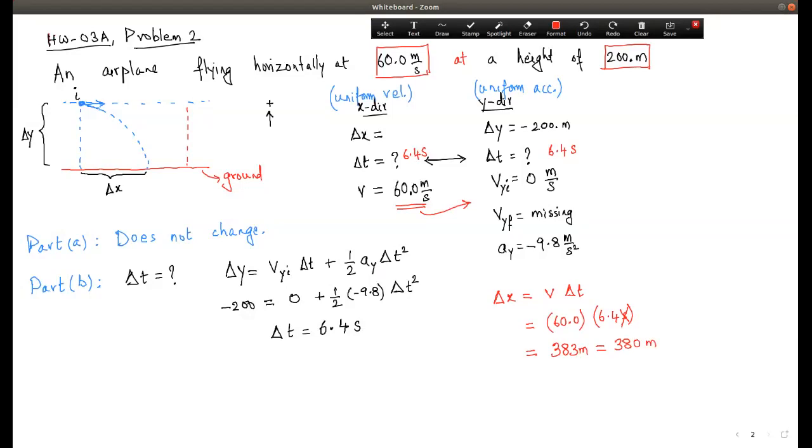And we could again ask, how does this horizontal distance that it has traveled change? It would increase if this were a faster speed, and if it was a slower speed, it would decrease. But the time it takes does not depend on that. So that covers almost everything in the problem.